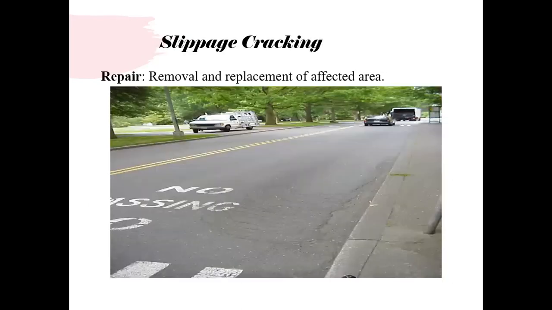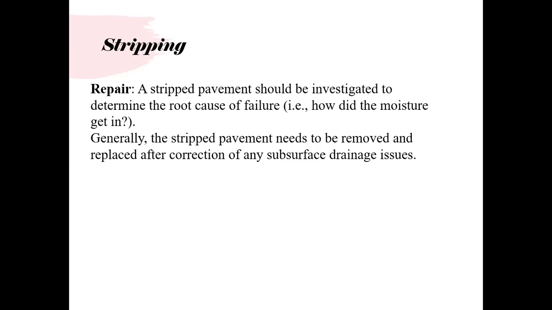Then slippage cracking: you just have to remove that area and do some patching to get rid of it. And this is a functional problem if there is slippage cracking. For stripping, the stripped pavement should be removed, and investigate why and how the moisture got in.